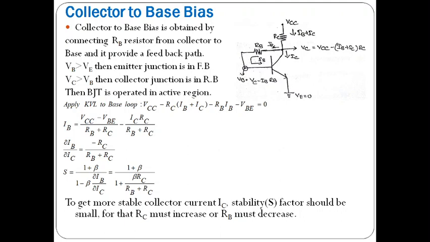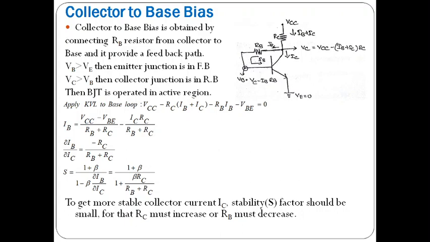And minus dou IC by dou IC equals 1. So we are getting minus RC by RB plus RC. By substituting this dou IB by dou IC value in the stability factor S, which equals 1 plus beta by 1 minus beta dou IB by dou IC, we will get S equals 1 plus beta by 1 plus beta RC by RB plus RC.